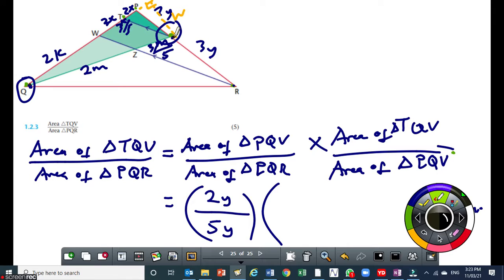You see that? Let me warn you, if you miss that, this question here, you'll never be able to understand what's going on. The two triangles share a common vertex, and their bases are on the same straight line. Therefore, the ratio of their areas will equal the ratio of their bases. But if I ask you to draw or construct where the height is, this will be the height.